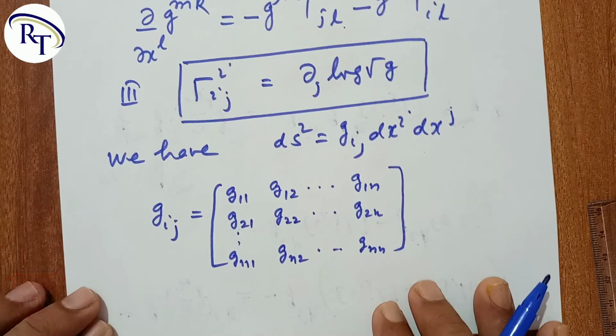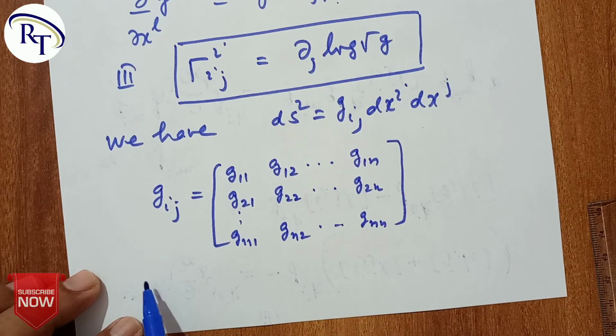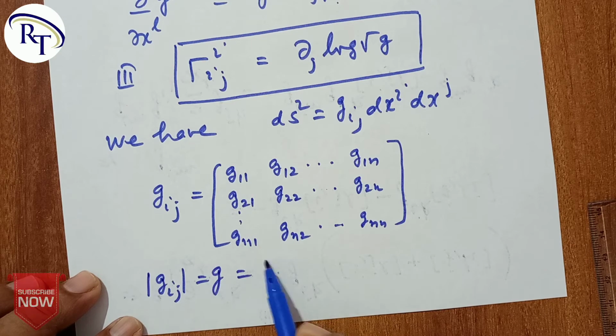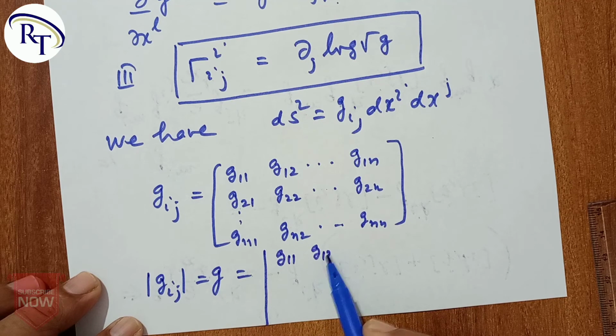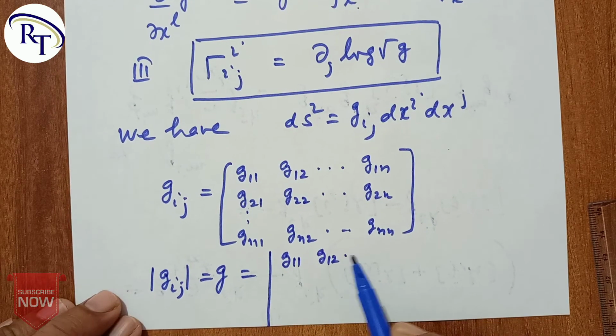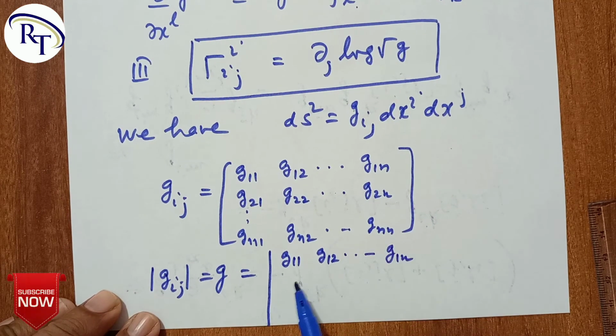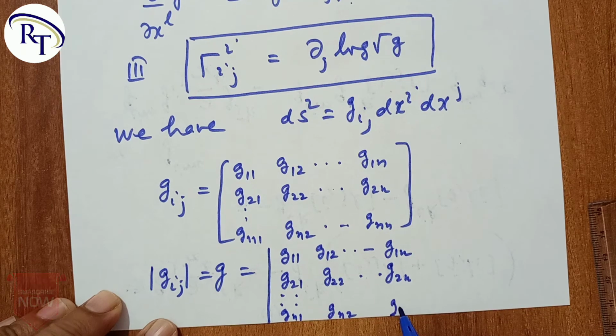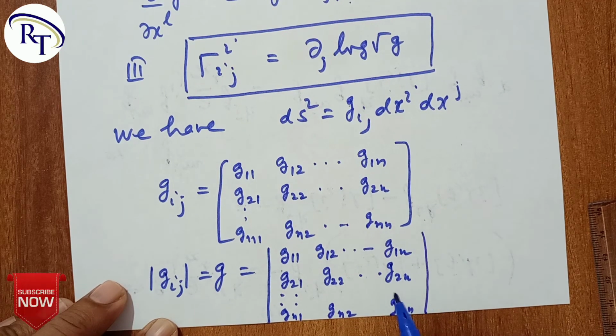The determinant of this matrix, the modulus of g_ij, we denote by g, equal to the determinant with rows g11, g12, up to g1n; g21, g22, up to g2n; and g_n1, g_n2, up to g_nn. So this is the determinant.